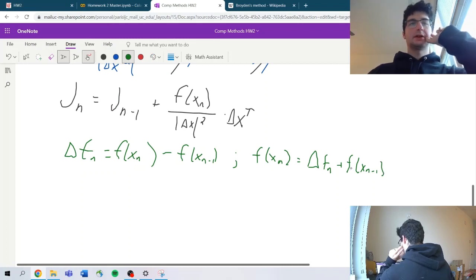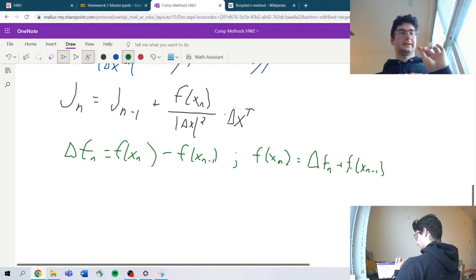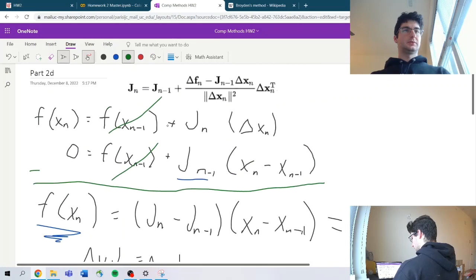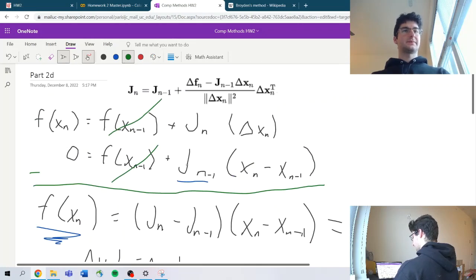Okay, so now we have this equation here. Now we're going to pull these equations all the way up from the front.